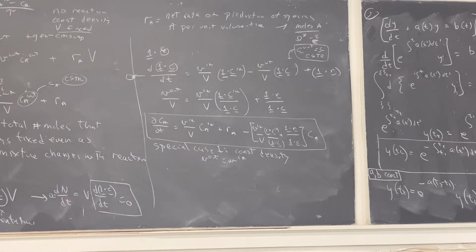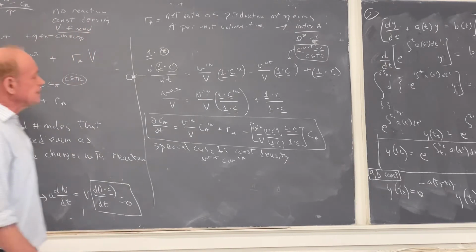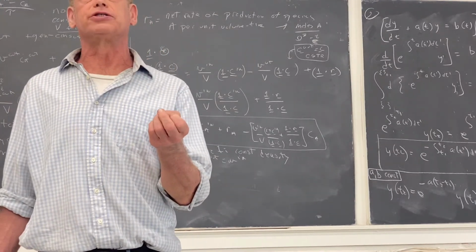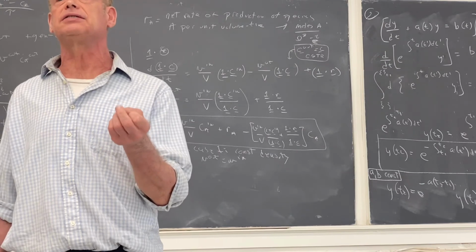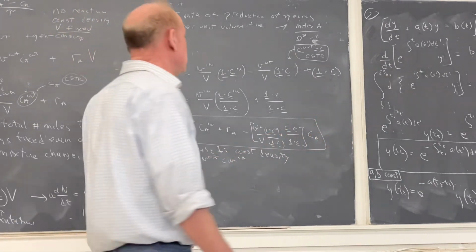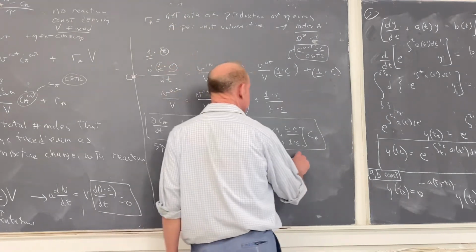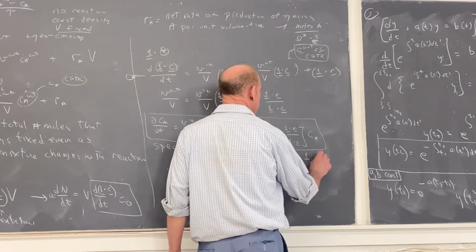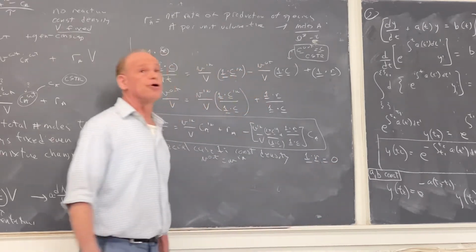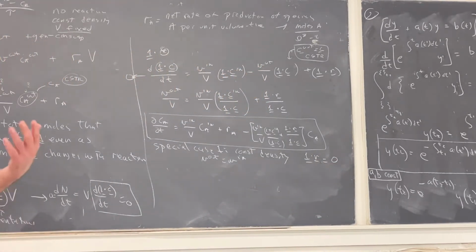What happens in the constant density case? In the constant density case, the reaction doesn't change the number of moles. The reaction conserves moles. Otherwise, I would change the density. So in the constant density case, if I sum up the rates of reaction, I always get 0 because the reactions conserve moles.